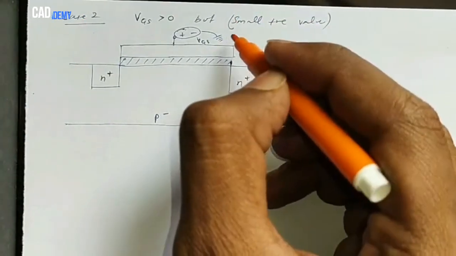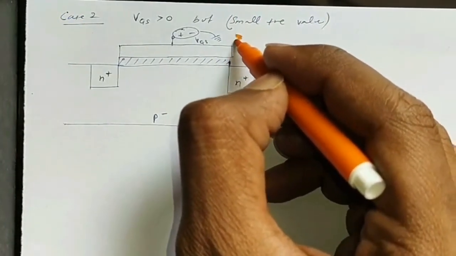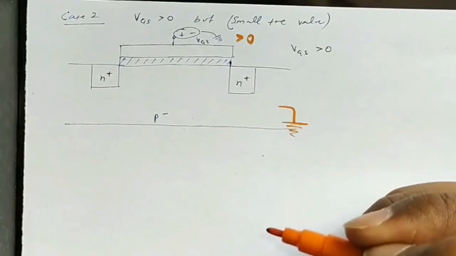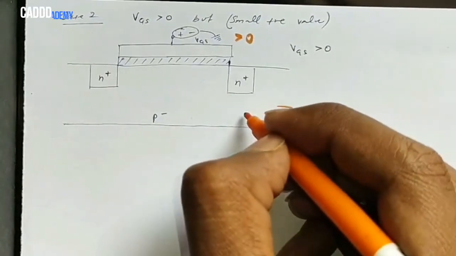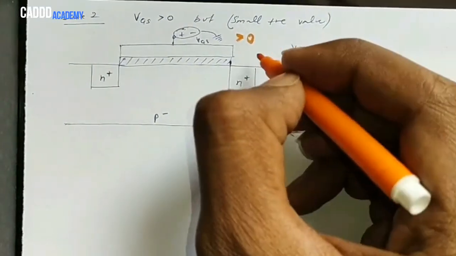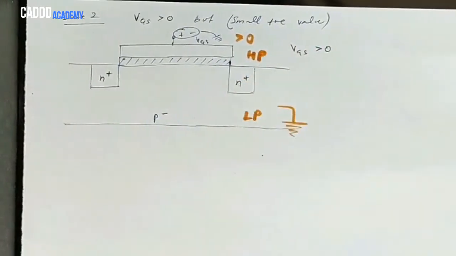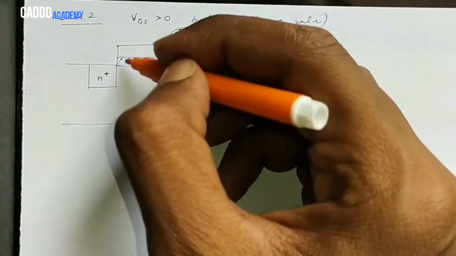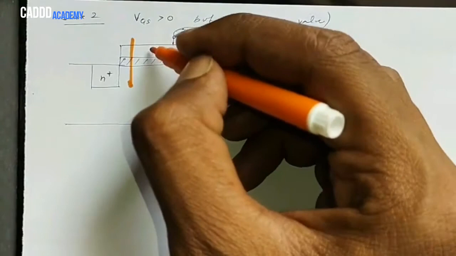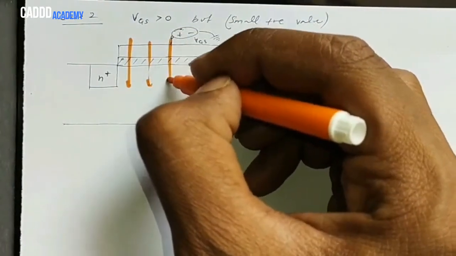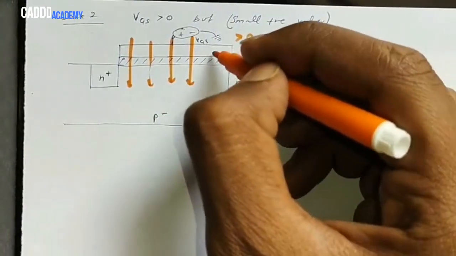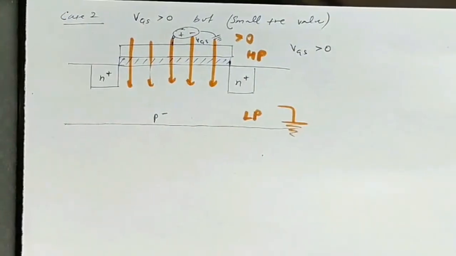As VGS is greater than 0, the grounded portion will be at lower potential and the gate terminal will be at higher potential. The electric field's direction is always from higher potential to lower potential, and this will be the direction of the electric field.